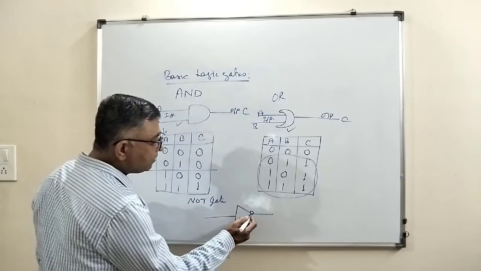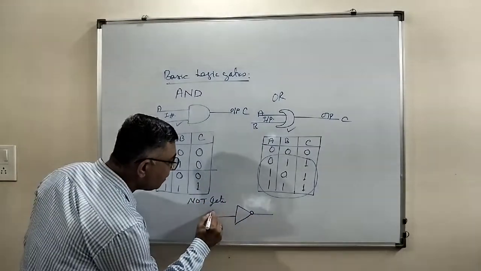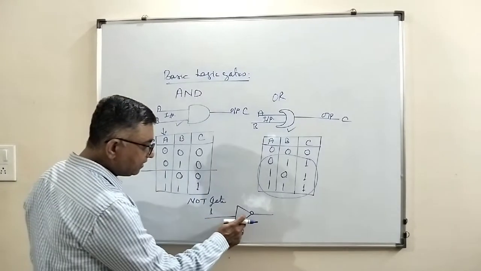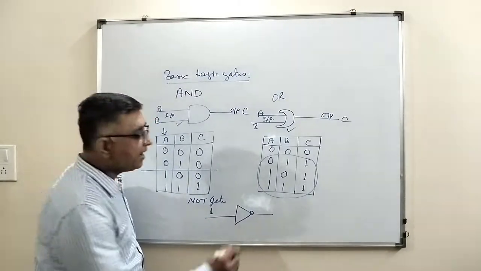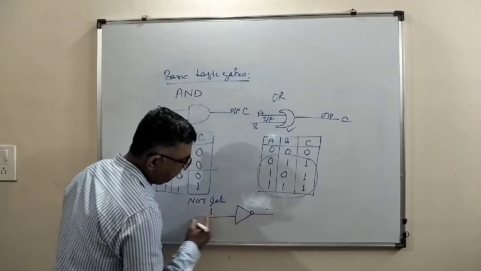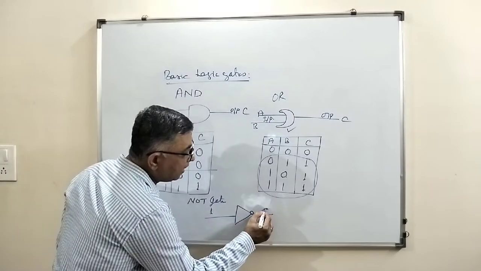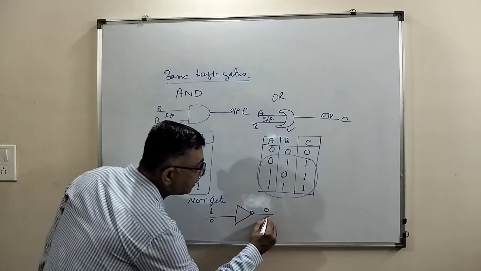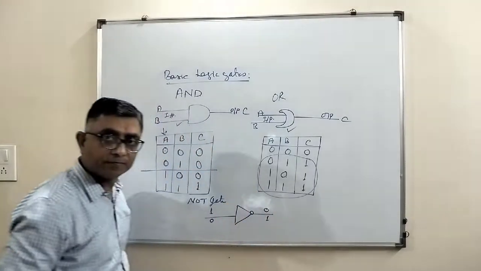What is the function of this? Whenever we apply something on the input, it just generates the complement at the output. So once I am applying 1, I am getting 0 here. Once I am applying 0 at the input, I am getting 1.